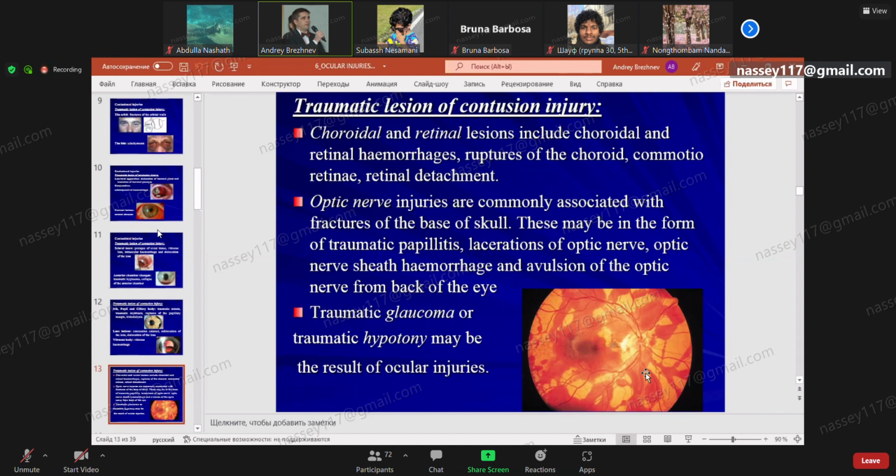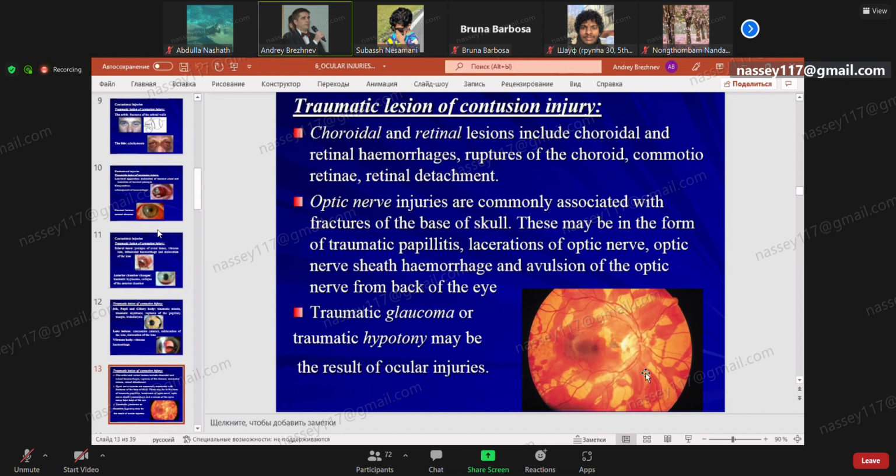And of course, the prognosis for the visual functions is doubtful in case of severe traumas of the retina. Our treatment depends on the stage and severity of this trauma. Sometimes we need only medical treatment, sometimes surgery, sometimes a combination of these two strategies.